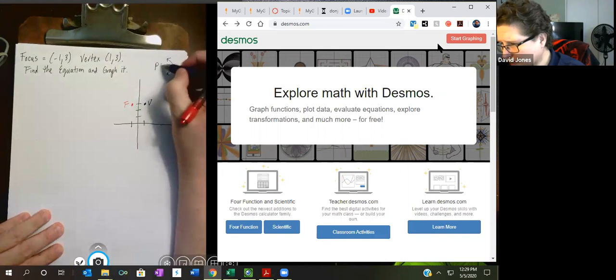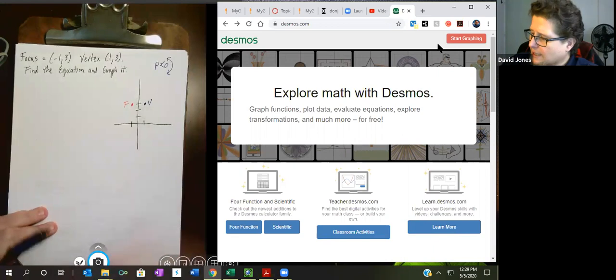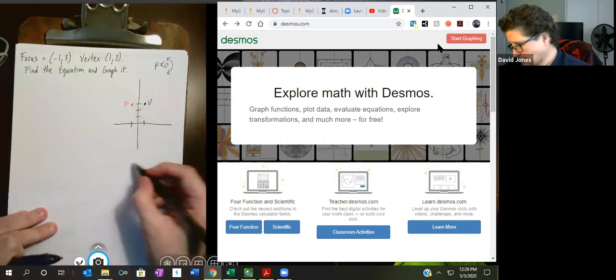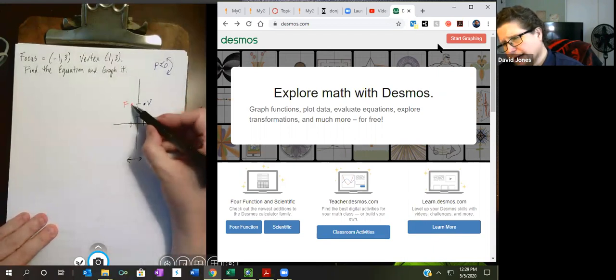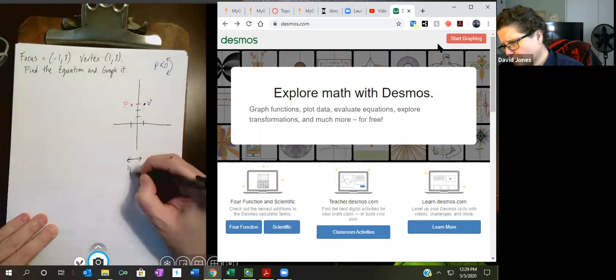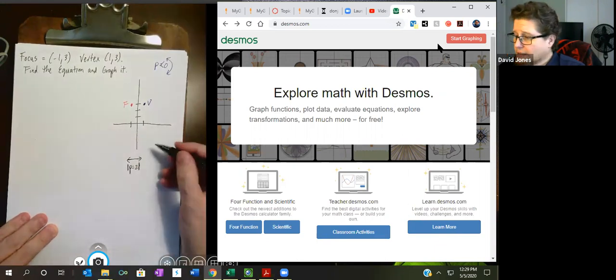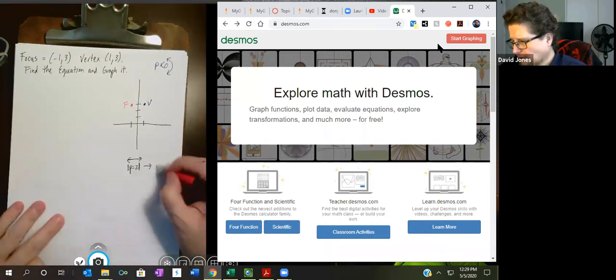P should be negative. This width right here, how far apart are they? 1, 2. That's got a width of 2, absolute value of P equals 2. And I know it's negative, it tells me P should equal -2.